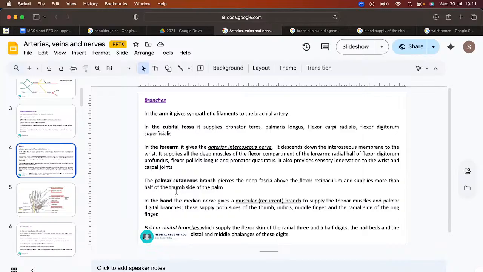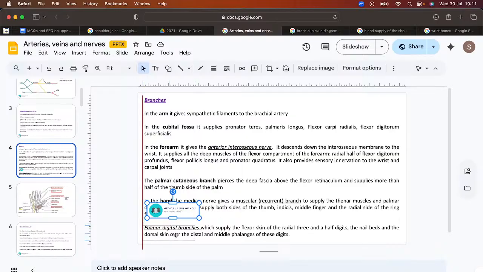Okay, and the palmar cutaneous branch that supplies the skin over the thenar eminence, and also provides sensory supply for the first 3.5 fingers. Okay, so it's written over here. Palmar digital branch supplies the flexor skin of the radial 3.5 digits, the nail beds, and the dorsal skin of the distal and the middle phalanges of the digits.